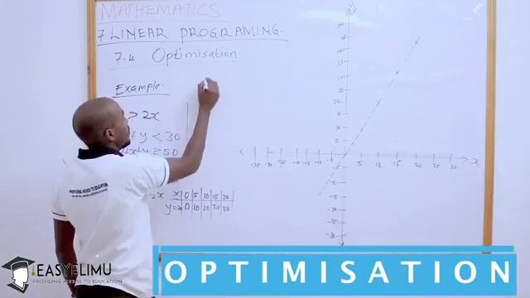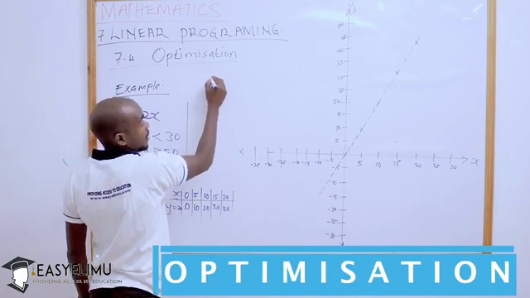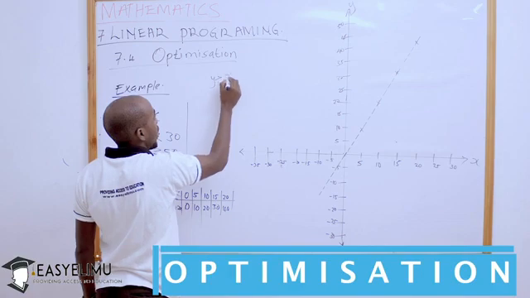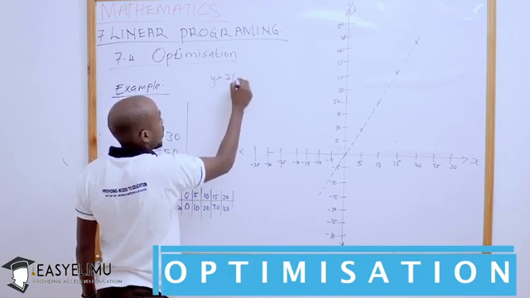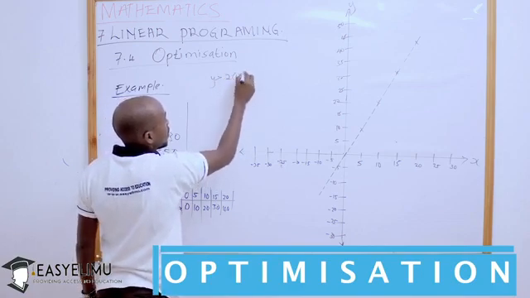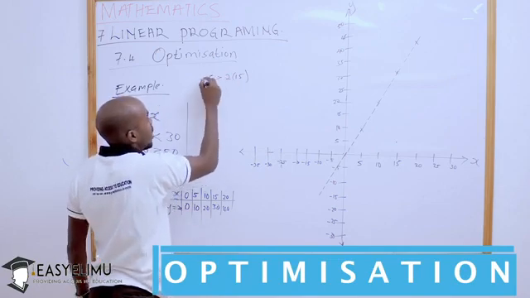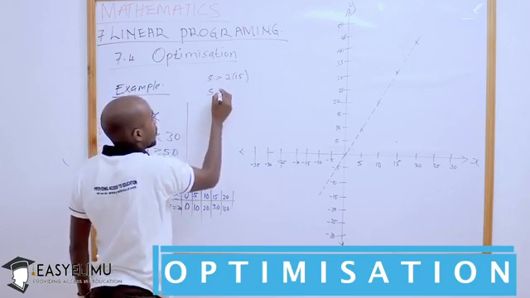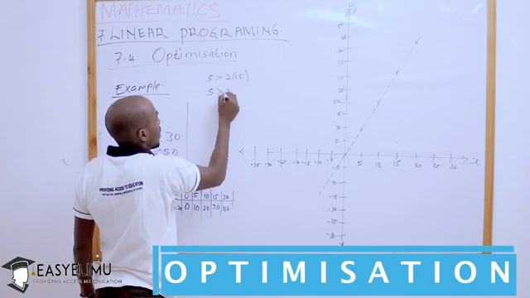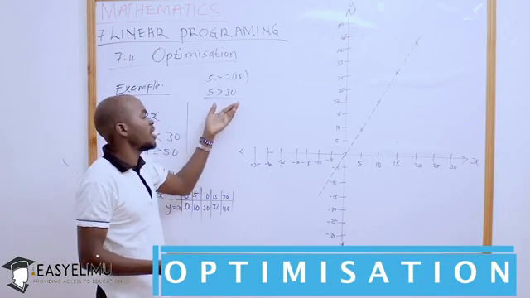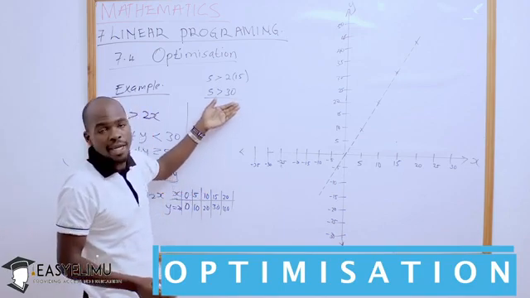If I take (15, 5), y is greater than 2x, but 2 multiplied by 15, where 15 is my x, and y I replace with the 5 which is there, I find 5 is greater than 30. If you view this statement, it's not quite true. So that is the unwanted region.